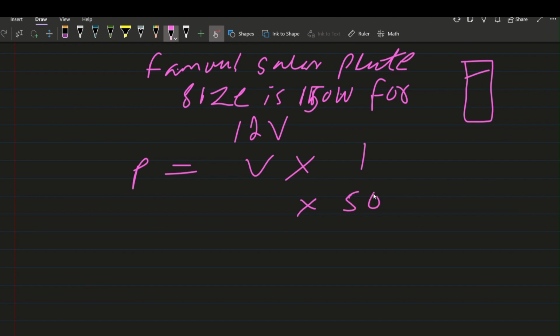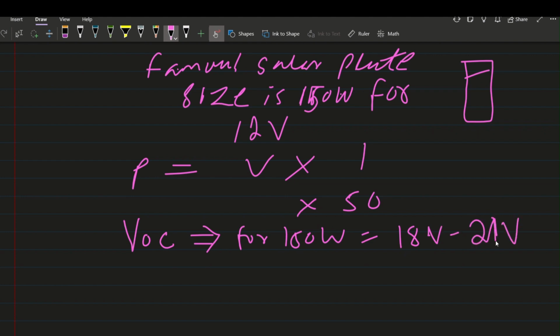Here we will find the voltage. VOC, the open circuit voltage for a solar system for 150 watt solar plates, ranges from 18 volt to 21 volt.